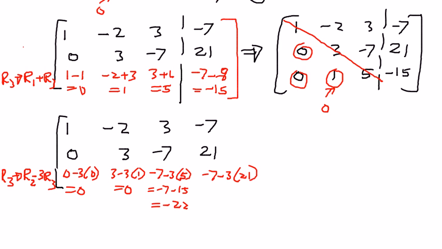So that is -7 minus 63, which is going to be negative 70.